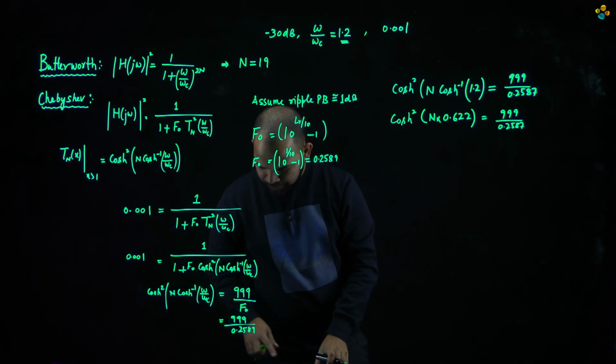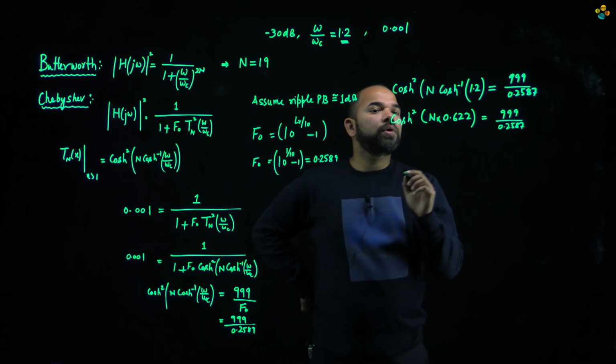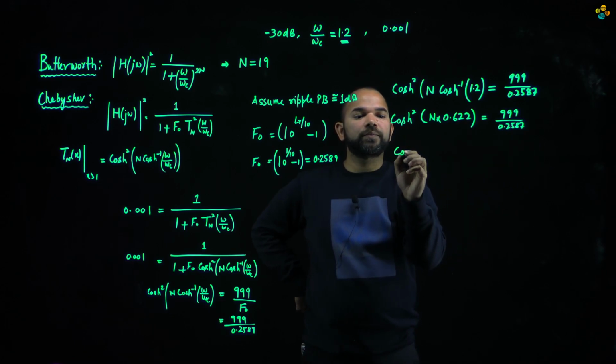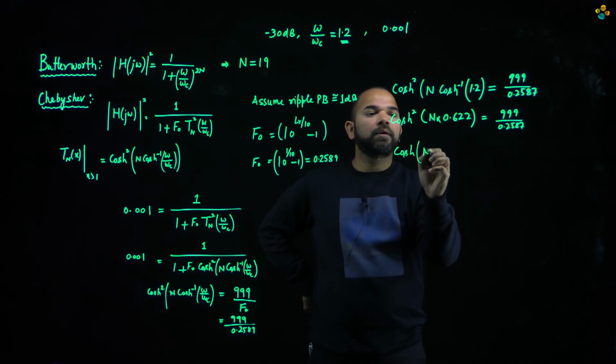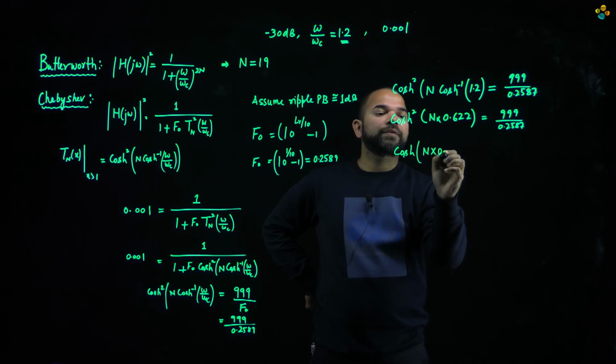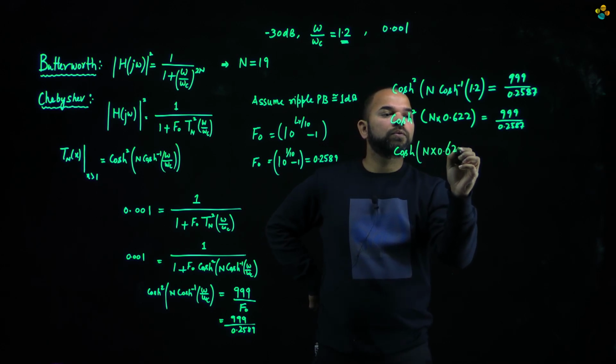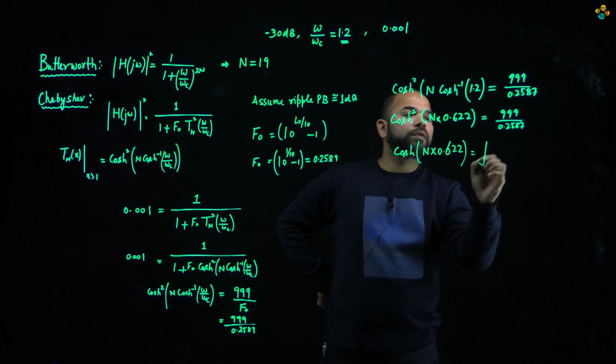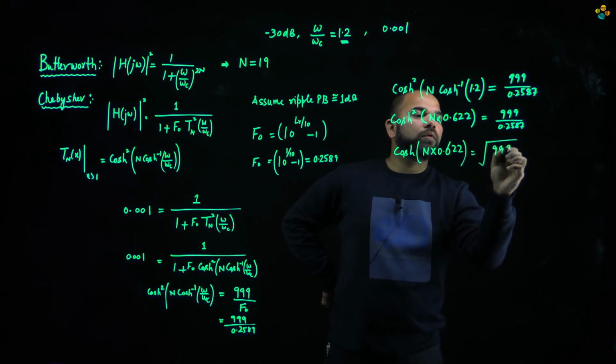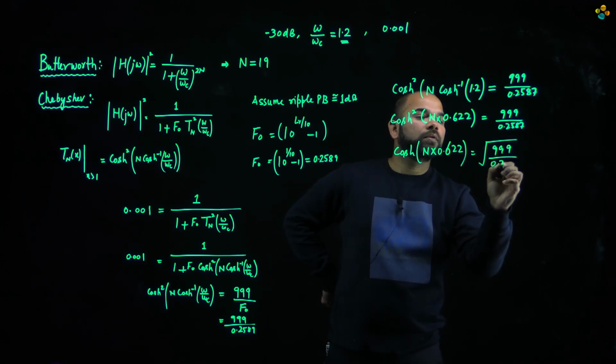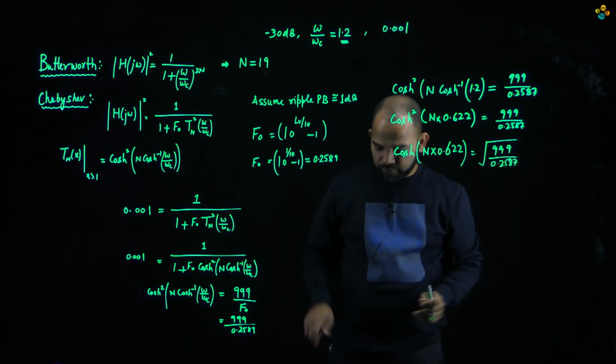Okay, so let's take a square root on this side. So this becomes cosine hyperbolic n multiplied by 0.622, and this is going to be the square root of this quantity, 999 divided by 0.2589. So let's solve this quantity first.